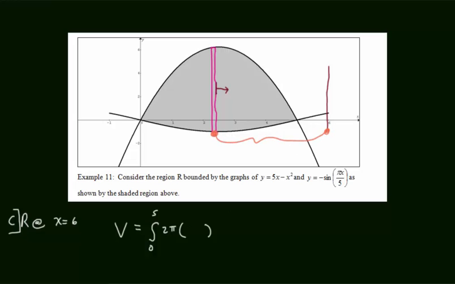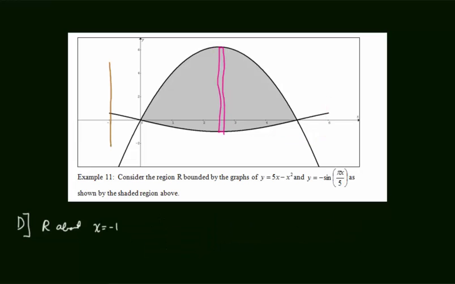So that's going to be 6 minus x, and then the height of the rectangle again is the difference between the two curves. Parabola minus the sine function. No squared, it's just the height of that rectangle and then the thickness.